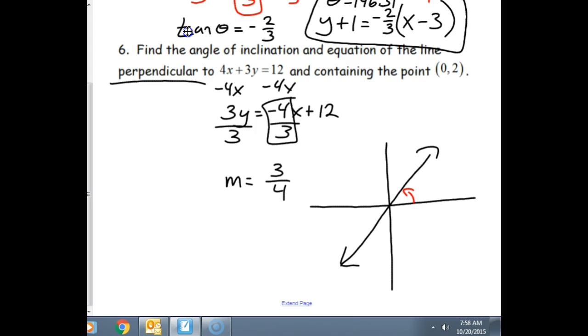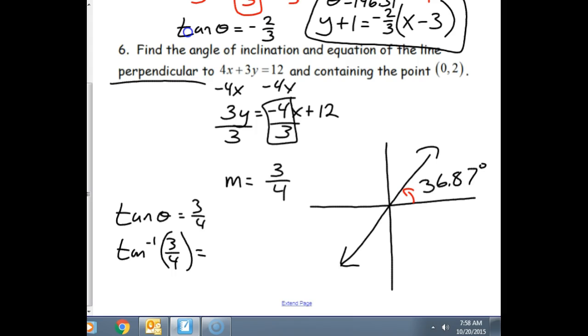So just take the inverse of tangent again. And it's going to come out to be 36.87 degrees, and that happens to be the angle that we're looking for, so we don't have to do any kind of extra math to get our answer. So there we go.